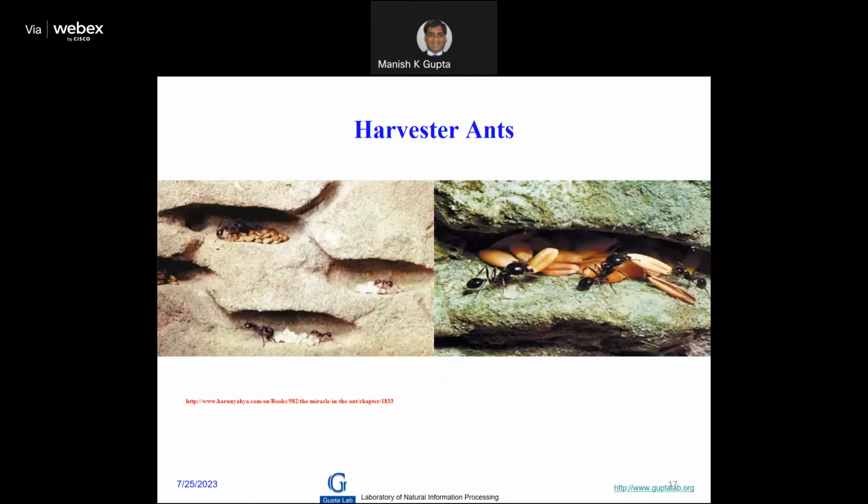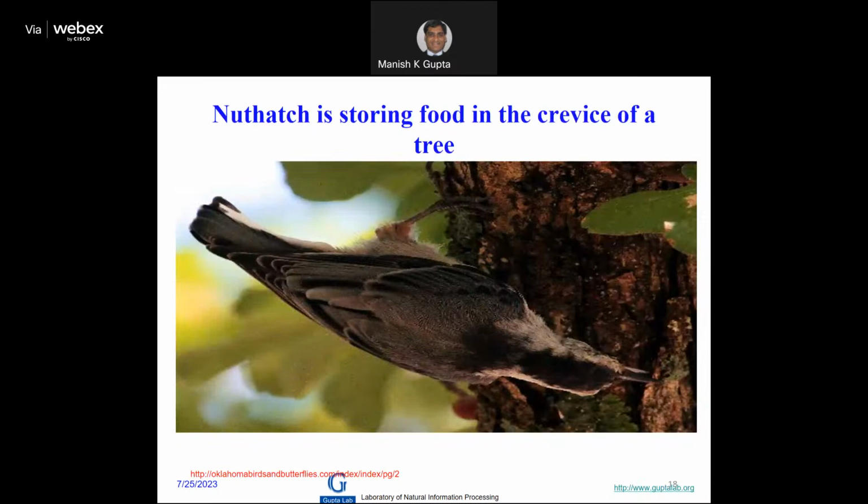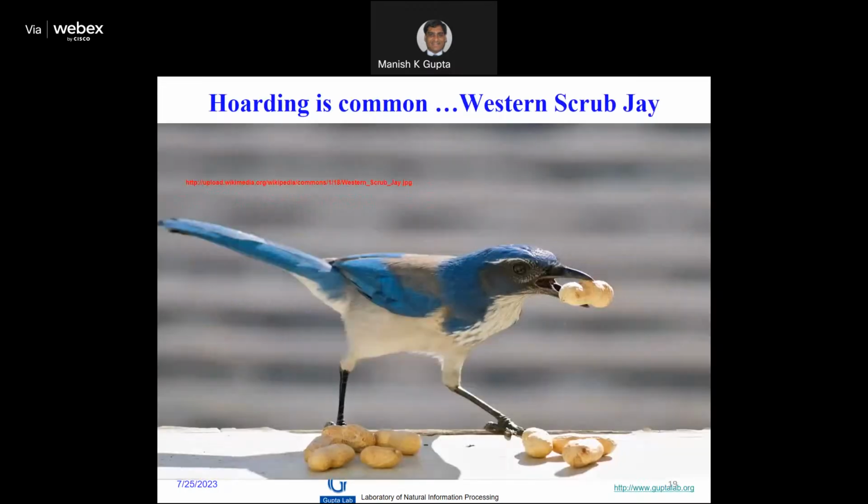Harvester ants are storing their food, right? Here is another bird storing another one. It's a very common phenomenon among the different species that they want to store something, right? They are focusing on storage, but we are worrying about data. So that is a key difference.